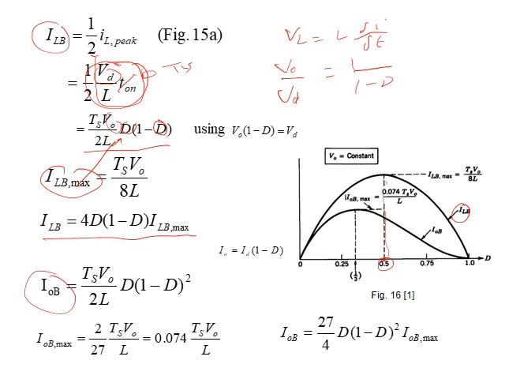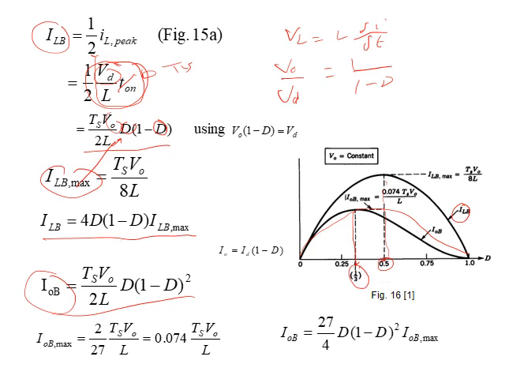For output boundary, we can substitute the formula, repeat the same discussion, but substitute in terms of D. We can find that it is 1 minus D squared by D. Now let me sketch this formula. It becomes this way. It peaked at 1 over 3.